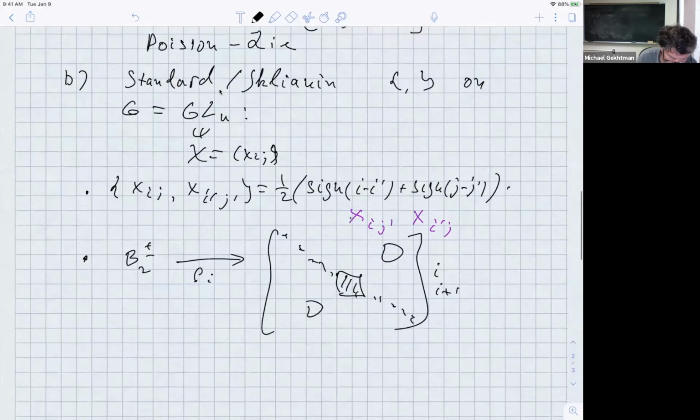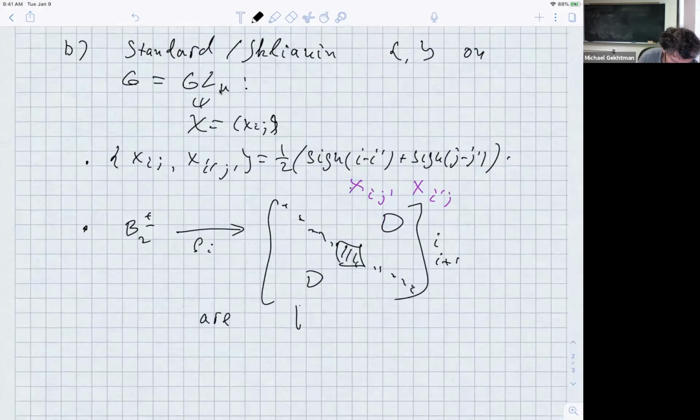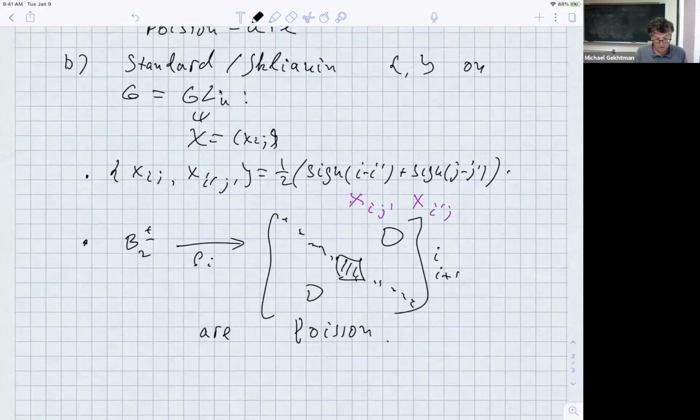So all these maps are Poisson. That's another way to describe it.